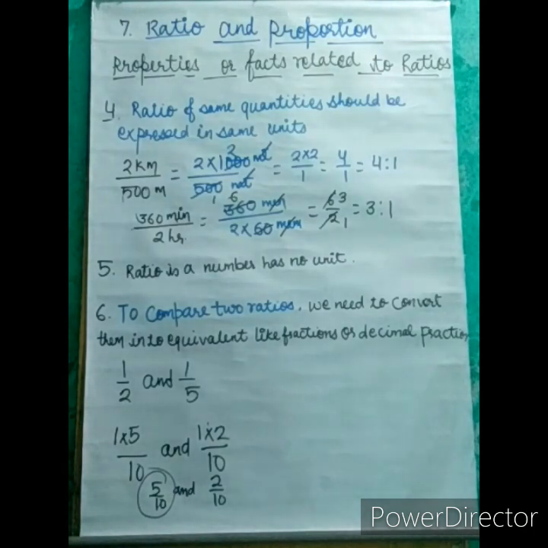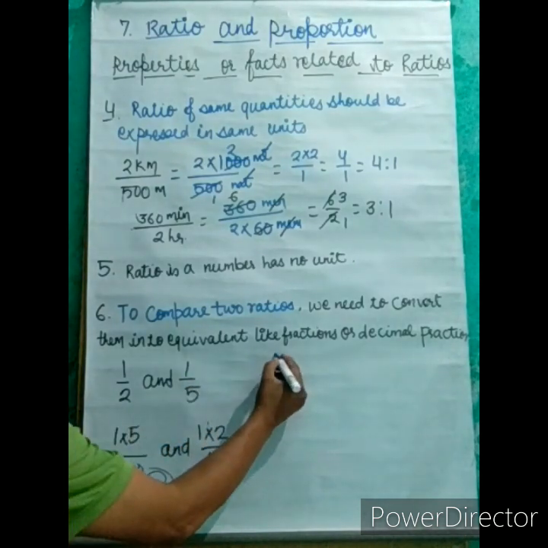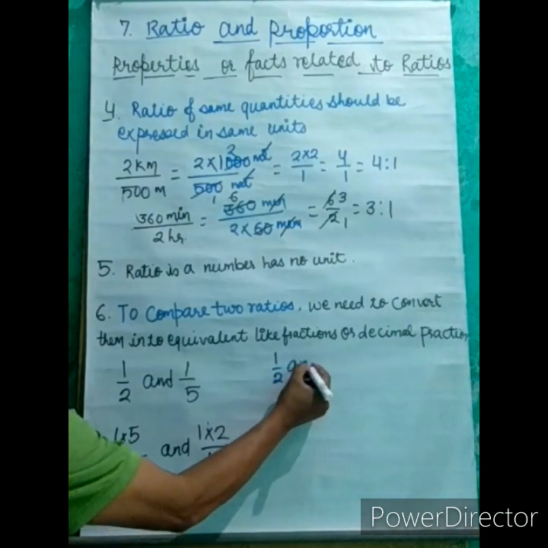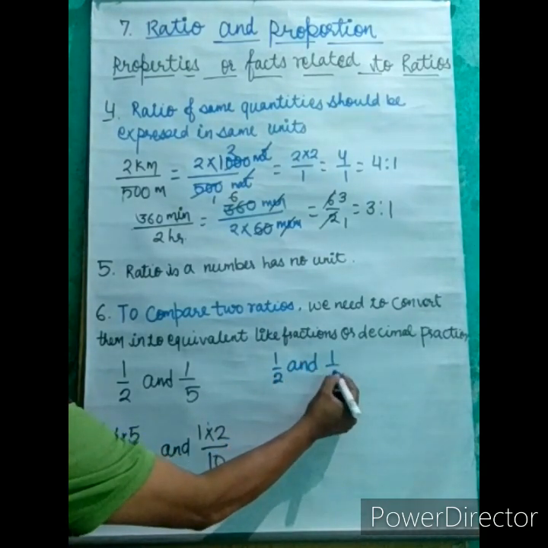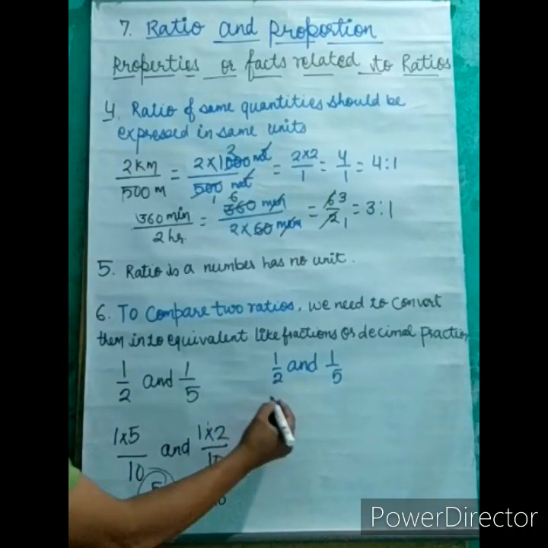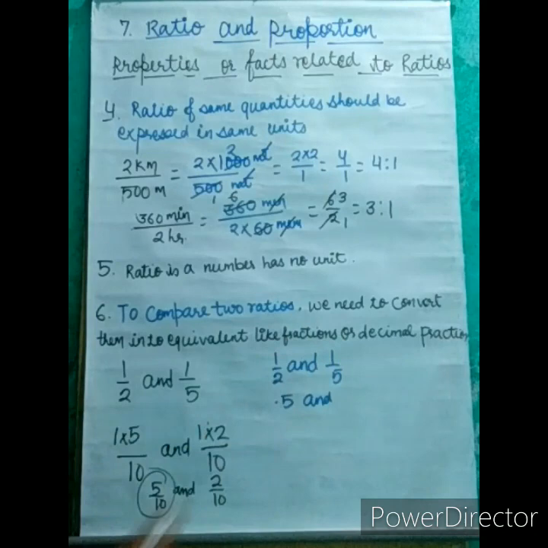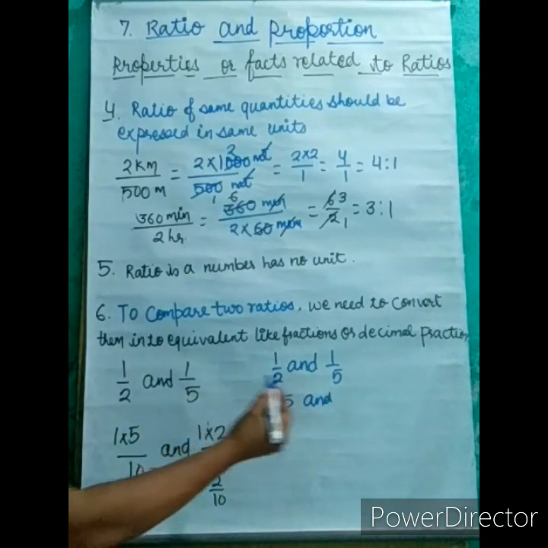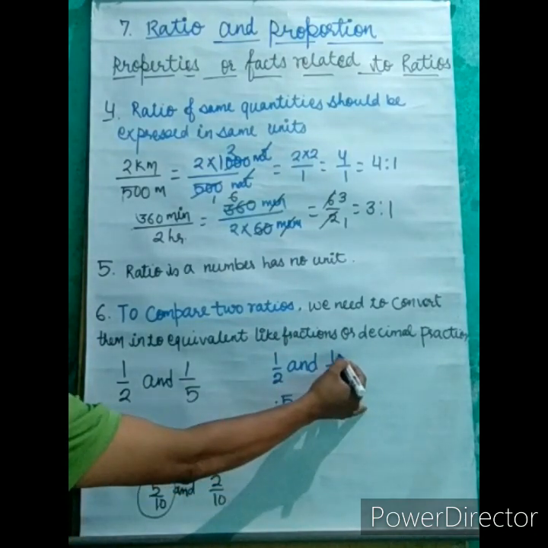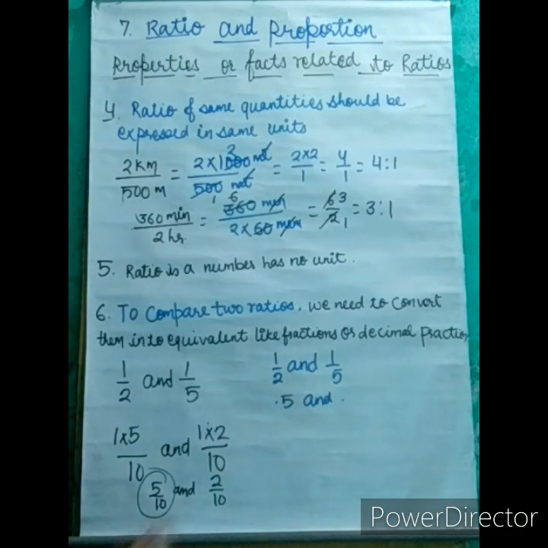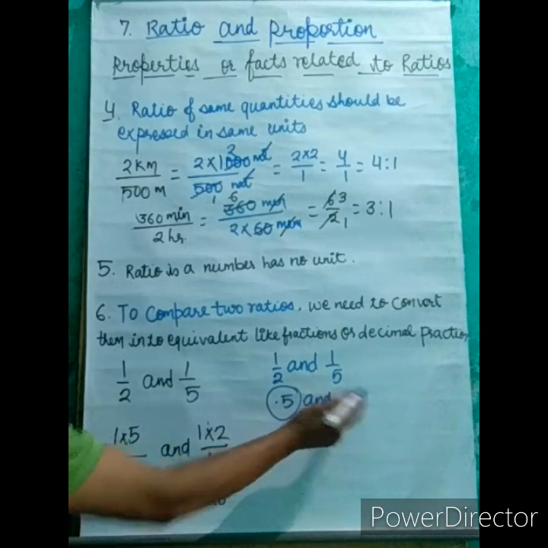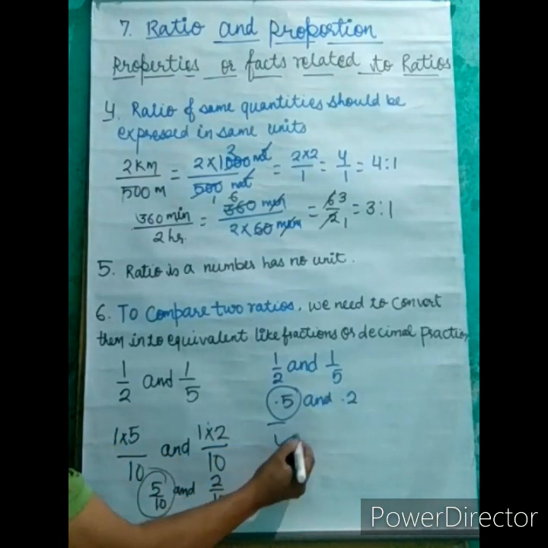Next we will convert them into decimals. Both the fractions will be converted into decimals and we will see how to compare in decimals. 1 over 2 and 1 over 5. 1 divided by 2 gives you 0.5, and if you divide 1 by 5, because 1 is not divisible, first you place a point, add a 0, it becomes 10, and 5 goes into 10 twice. So this is 0.5 and this is 0.2. 0.5 is greater.